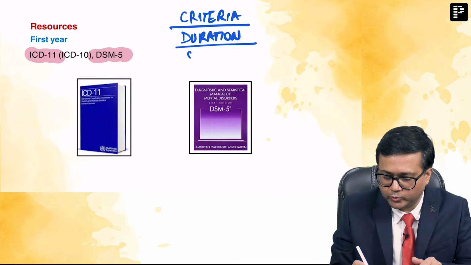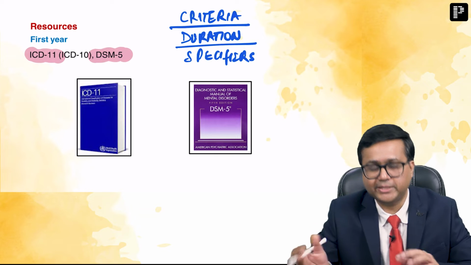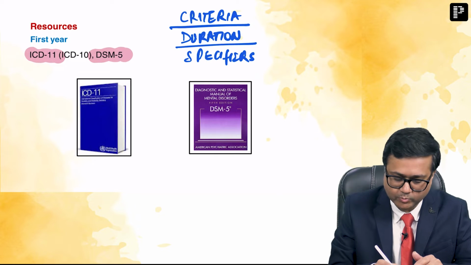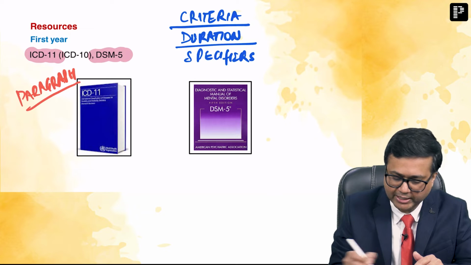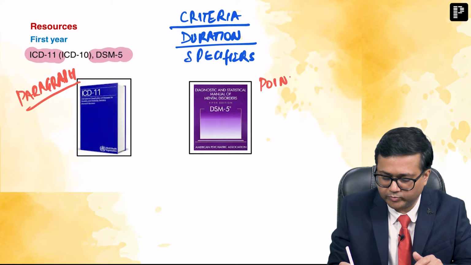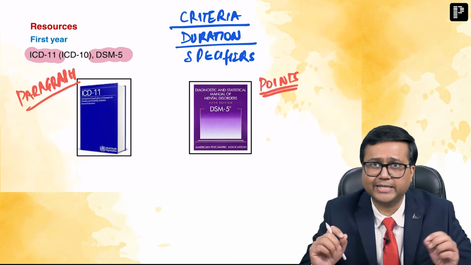And also do read about and focus on the specifiers which are mentioned. ICD is more of a paragraph based book, while in DSM you will have a lot of points. So again, see the important differences as well, but carry them with you.